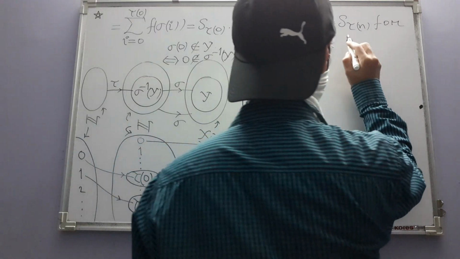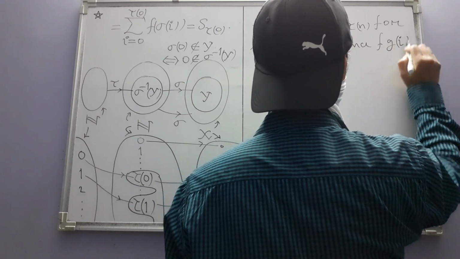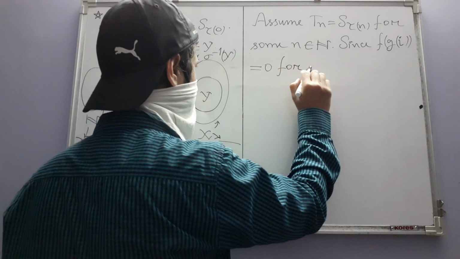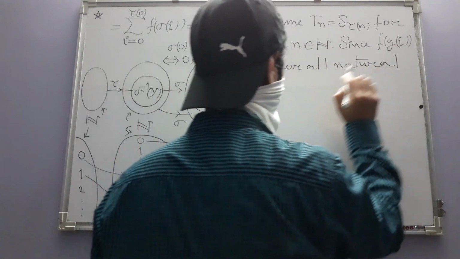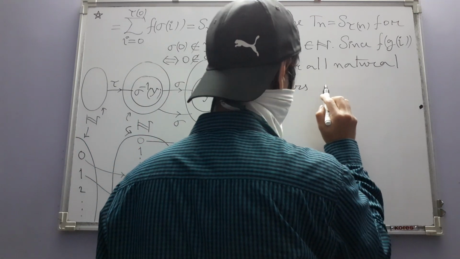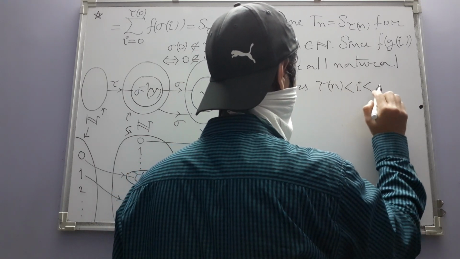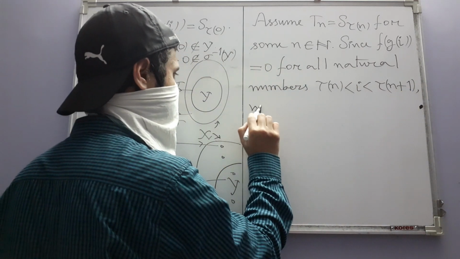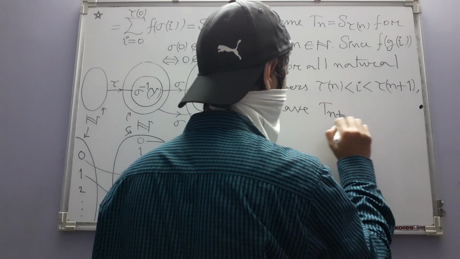Again, since f of g of I is equal to 0 for all natural numbers I satisfying these inequalities, we have Tn plus 1.